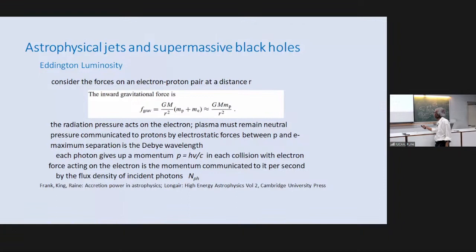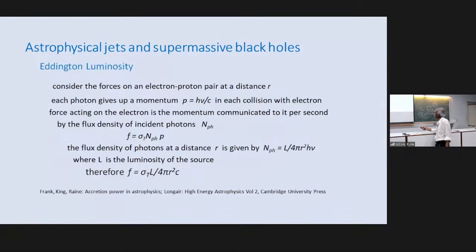So gravity acts on the proton, but photons act on the electron, and you can calculate the amount of momentum given to it. The total force will depend on the flux of incident photons, and the number of photons will depend on the total luminosity of the object. So you take the luminosity, 4 pi r squared is the dilution due to distance, divided by the energy of the photon, to get the number flux density.